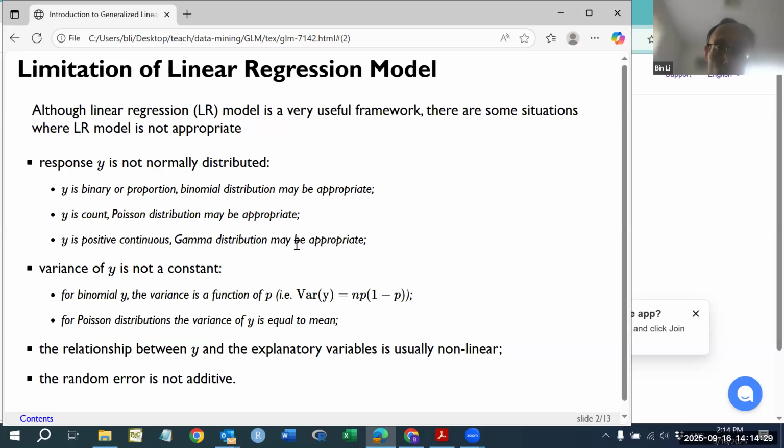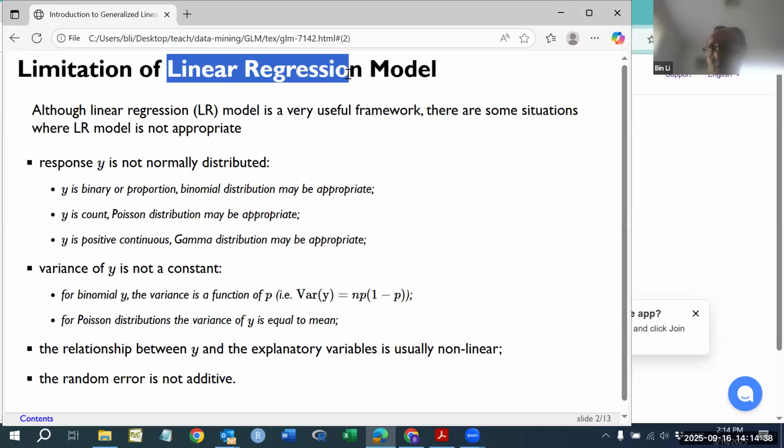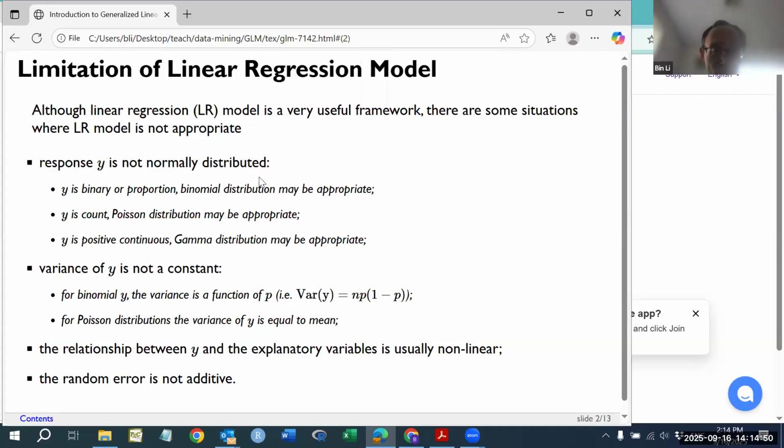Why do we need the generalized linear model? Because we have some limitations with linear regression models. I know that linear regression works very well for some data sets, is very useful and very commonly used, but most of the time it only works well when the response variable follows a normal distribution.